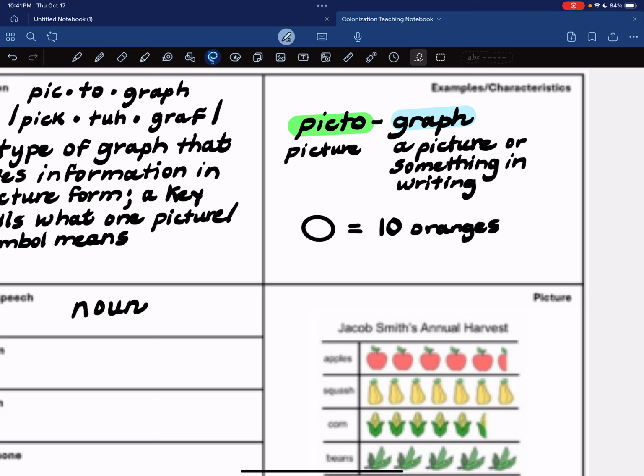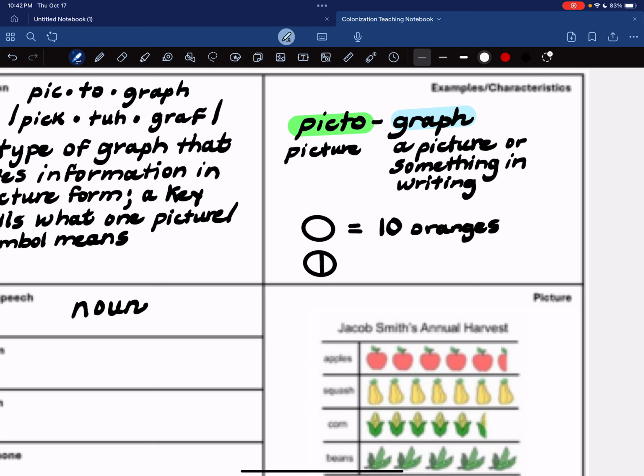So if that symbol is worth 10, let me try this. If I can make a copy of it, I need it to be exactly, there we go. So if that symbol is worth 10, what would this symbol be worth?